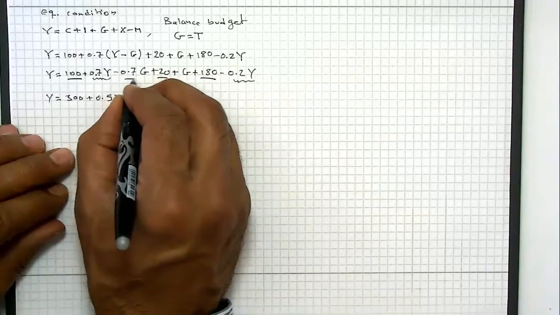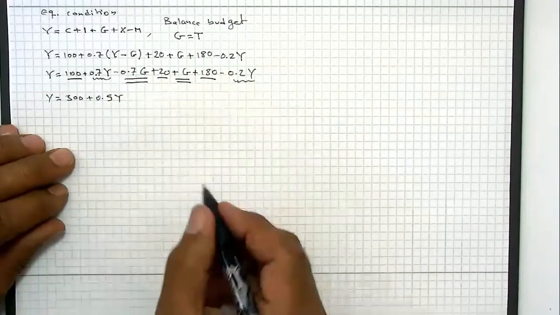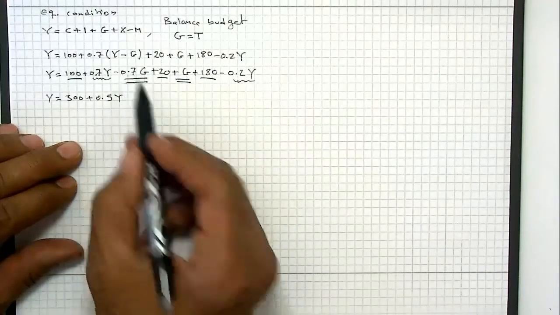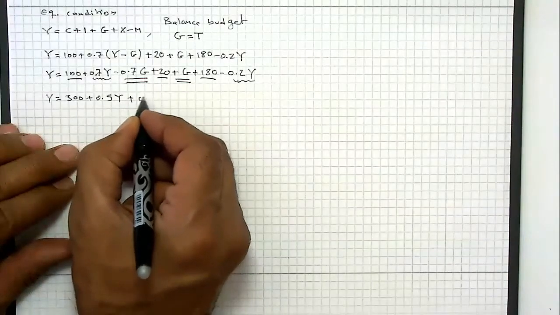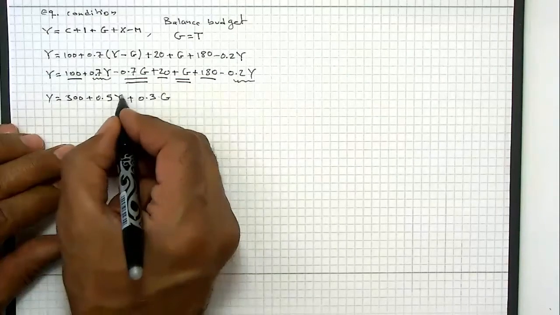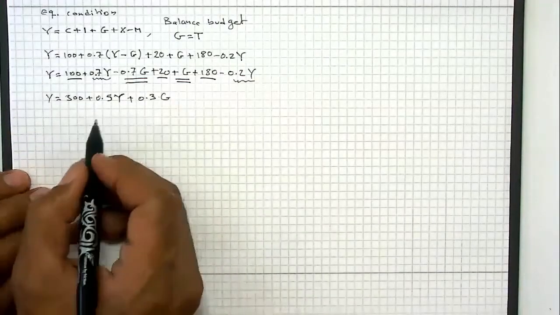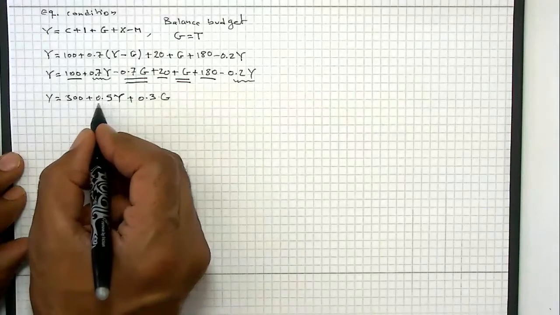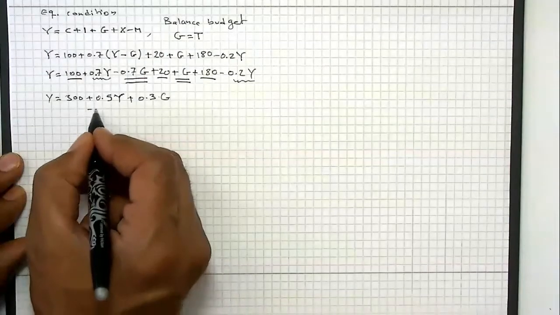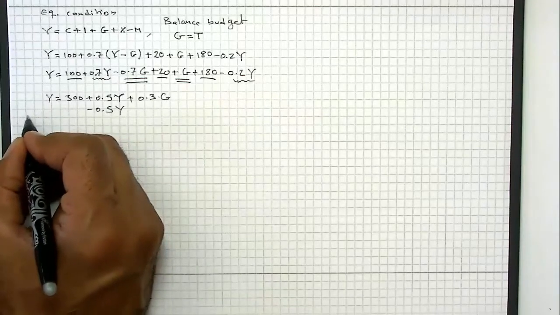Then I have these two terms to take care of. 1g minus 0.7g makes plus 0.3g. It's a nice and clean equation. The only thing is that I want this term with y moved to the left, so minus 0.5y on both sides.